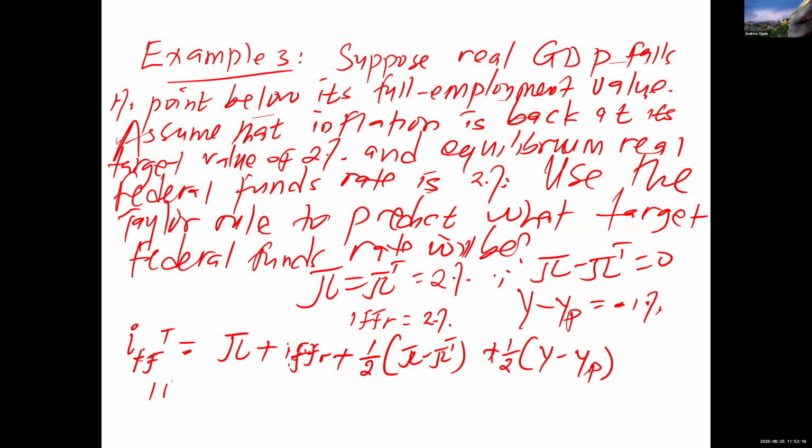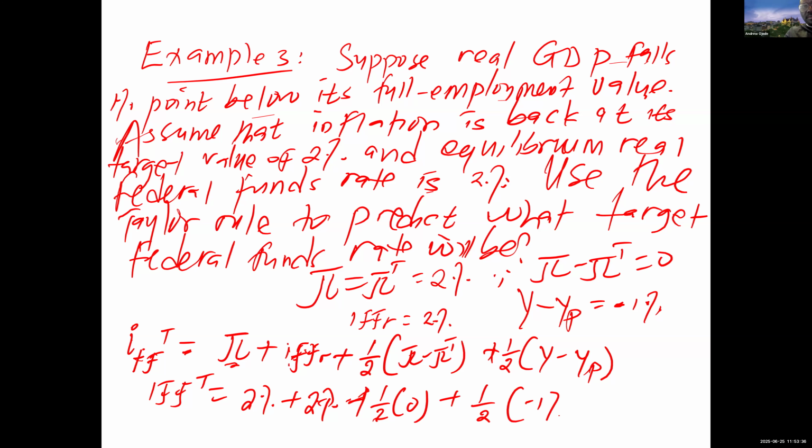Remember, inflation is 2%. The equilibrium real rate is also 2%. The inflation gap is 0 in this case. But the output gap here is negative 1%.